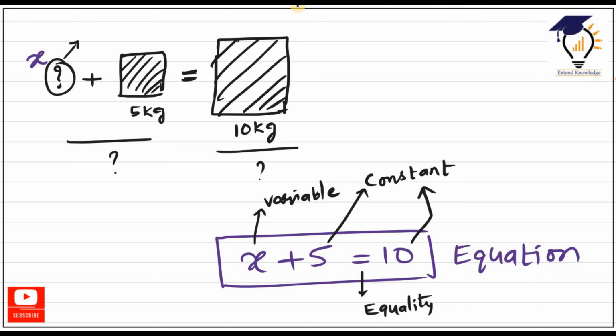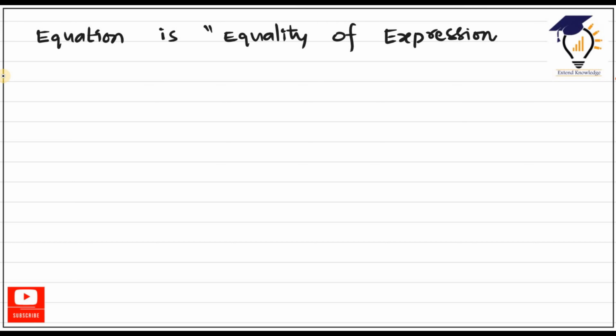We can see many more examples of equations like this. As I was stating, an equation is an equality of expressions. Let's see how I show that using expressions. I write a statement here: the sum of x and 10 is 20.